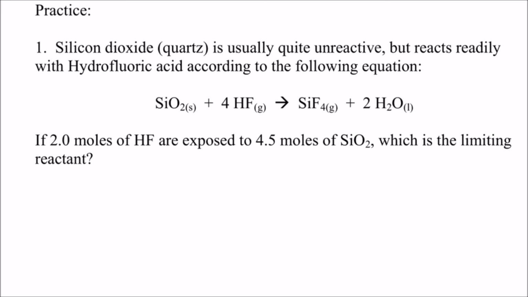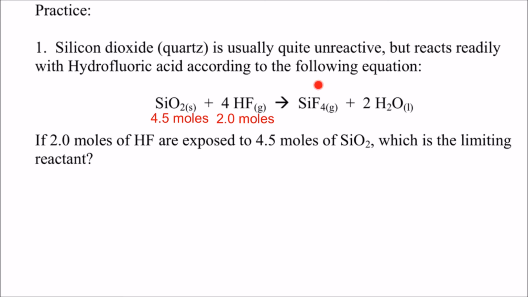Remember, I told you that the very best thing to do is to put information that you're given in the problem underneath that compound in the balanced chemical equation. Alright, and now we need to pick a product. Now they didn't ask for the theoretical yield of any product in particular, so we can choose whichever one we want.